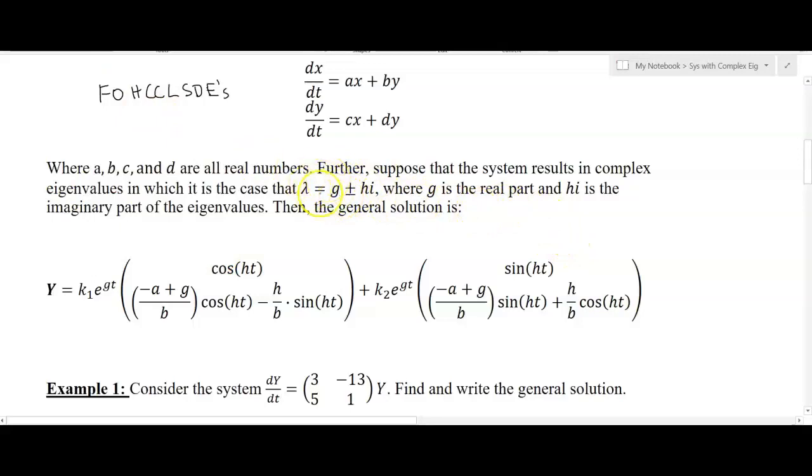But let's look for a second at what g plus or minus hi means. For example, if I wrote 3 plus or minus 2i, 3 is the real part, so g is 3, and h equals 2 is the imaginary part.